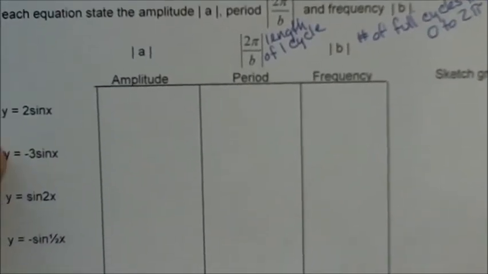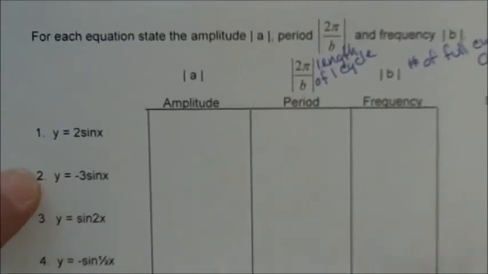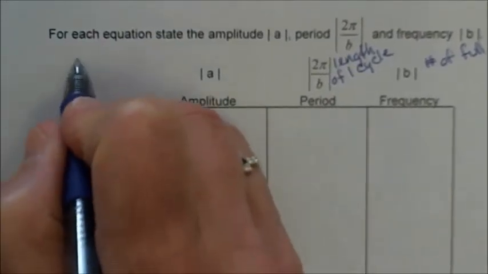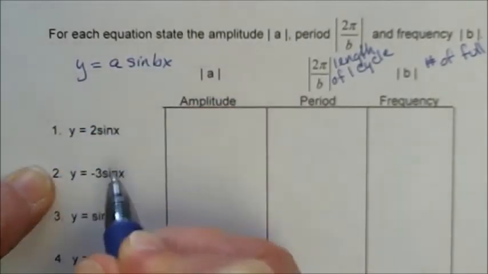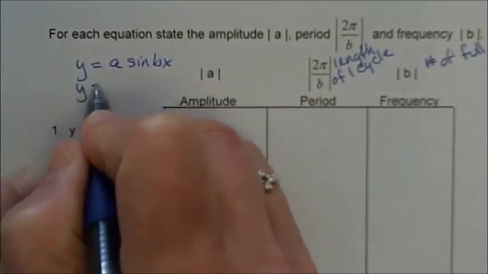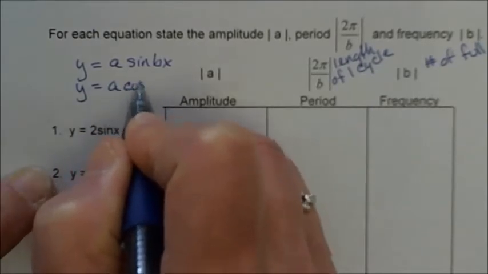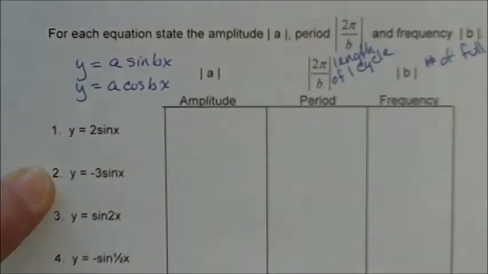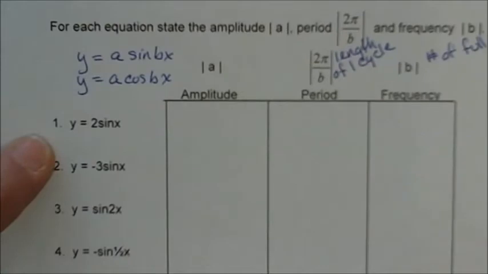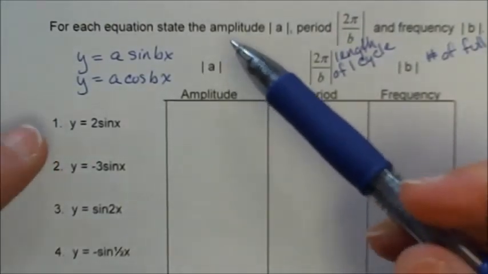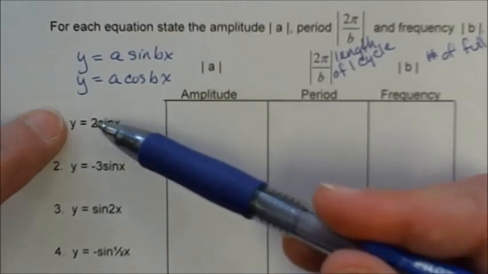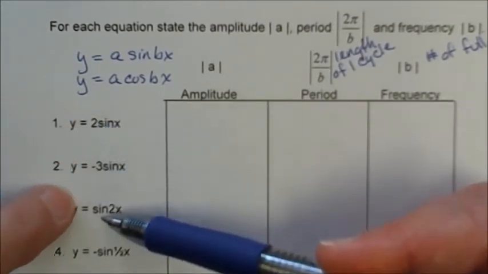Okay, so for y equals 2 sine x, these are of this form: y equals a sine bx, or y equals a cosine bx. So a, or the amplitude, is the coefficient of our sine or cosine.